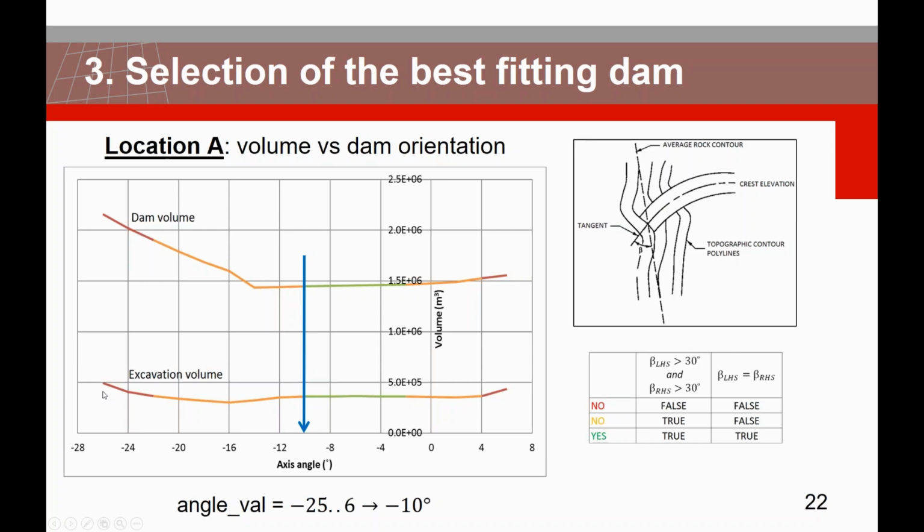And by starting from the lower bound, which is minus 25 degrees, if we're going to go to a smaller number, then we cannot generate a dam, because what is happening is that the dam is so rotated that the endpoints are not inside the rock anymore. While if we're going to start increasing the axis angle, then we can see that these lines are created, which refer every time to a different dam and excavation volume.